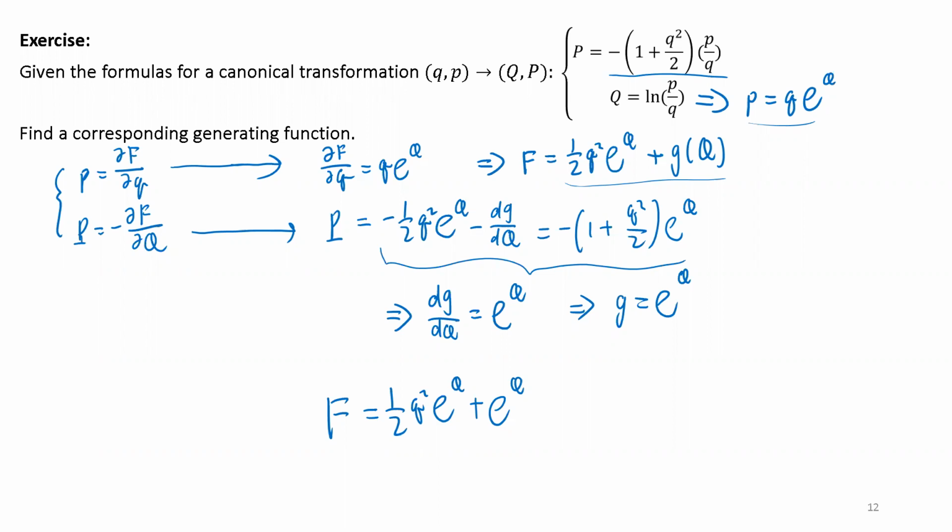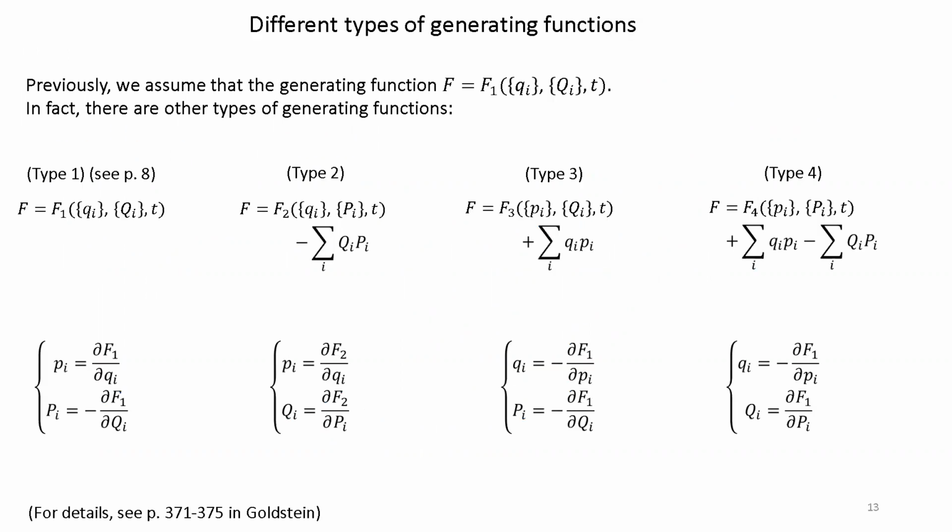Okay, so I have been telling you that this generating function just depends on small q and capital Q, but I also mentioned that it could depend on a small p and capital P. So indeed, there are several types of generating functions. The one that I told you, which only depends on small q and capital Q, is known as the type 1 generating function.